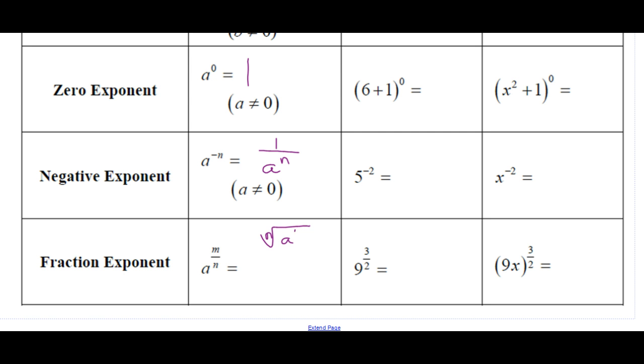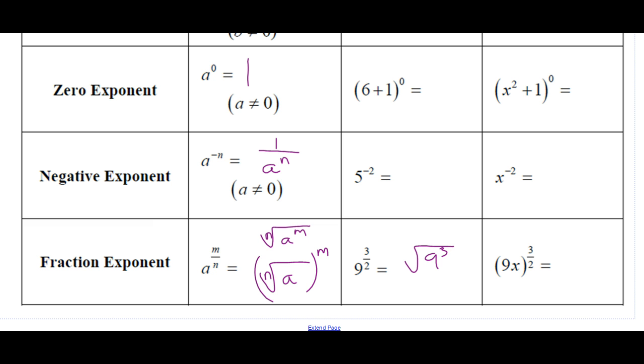And what's a to the m over n? It's the nth root of a to the m, or the nth root of a, to the m, which verbally sound no different, right? So you can raise a to the power m first and then take the nth root. Likely that's not a great strategy, because 9 to the 3 halves is the square root of 9 cubed.